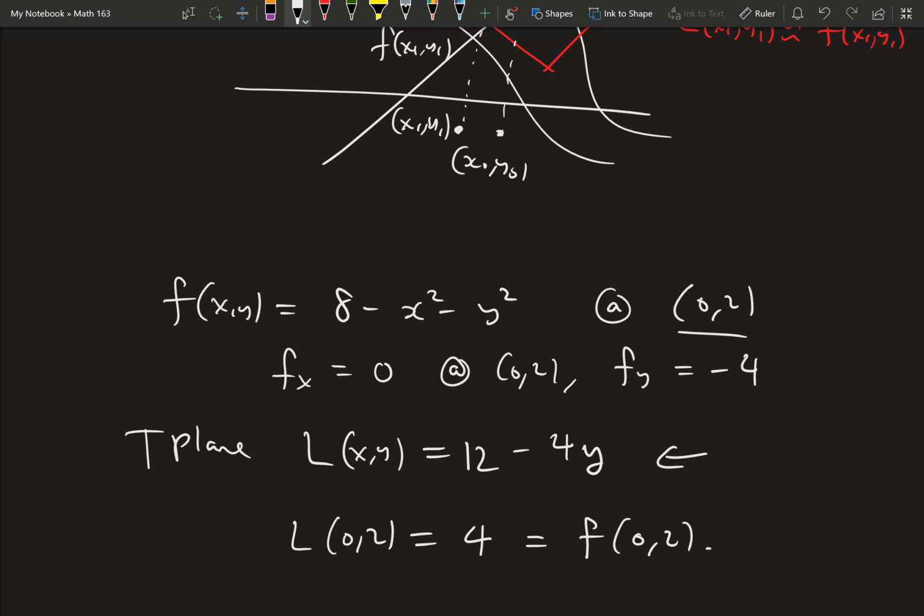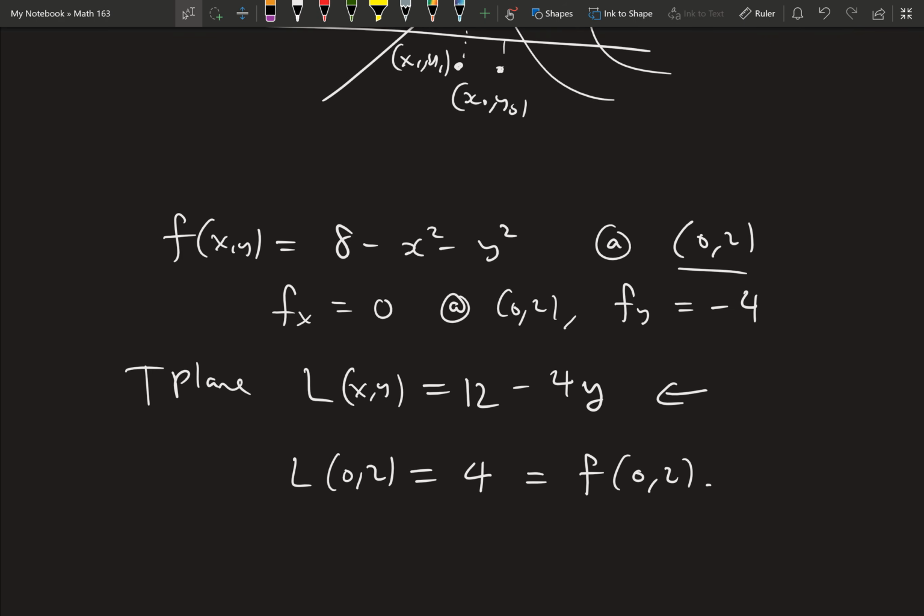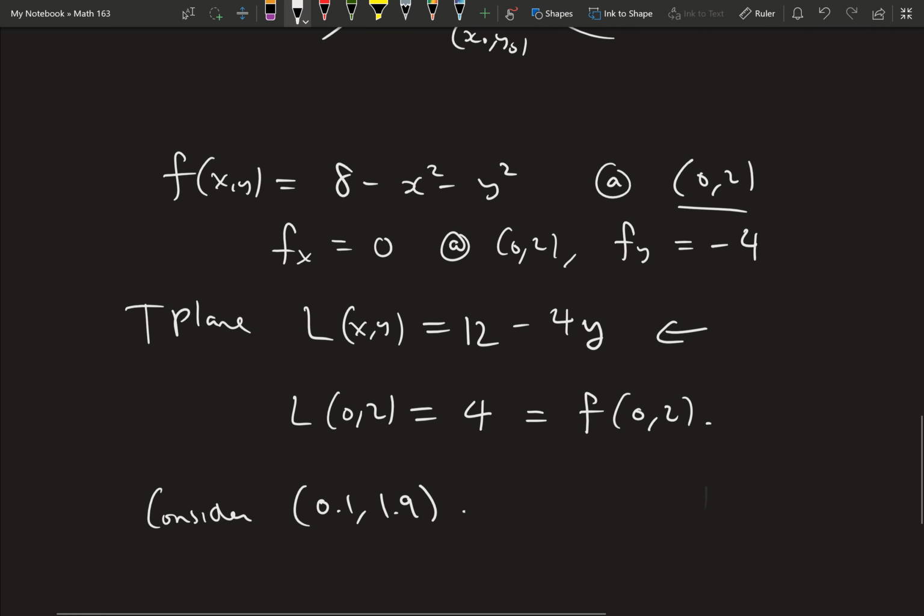So this is the linear approximation, the equation of the tangent plane that we computed in the last video at this particular point. Now what we can do is consider the point, say, 0.1 and 1.9. What is the function value?